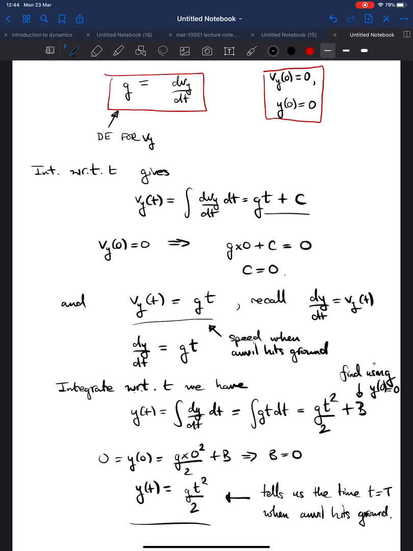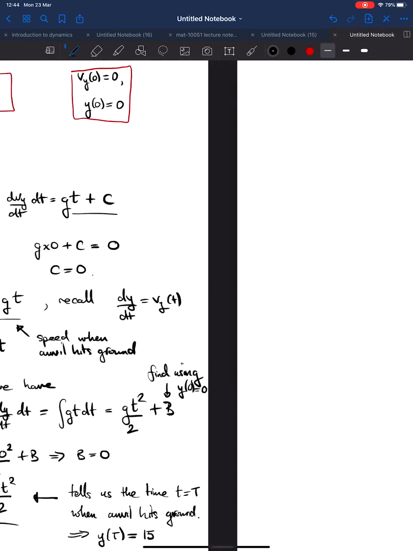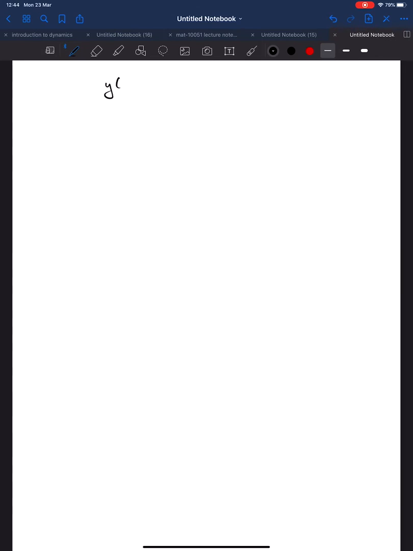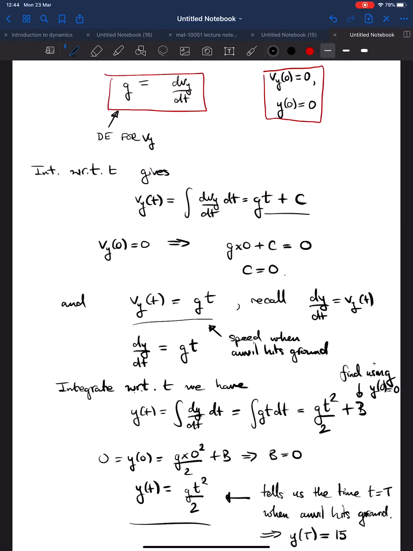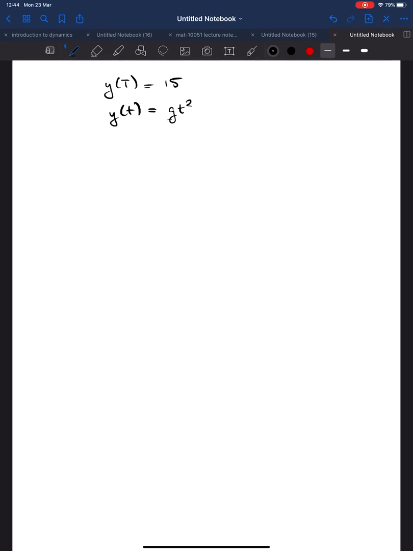So there is a time, capital T, when y evaluated at this time equals 15. And this gives us a really easy quadratic to solve. So this idea implies this condition. And then, on top of that, we have y of T equals 15. Don't forget that y of t is also gt squared over 2.